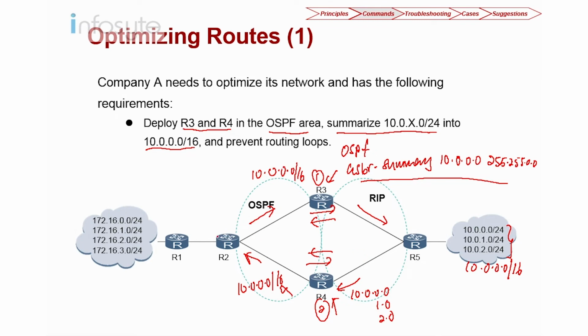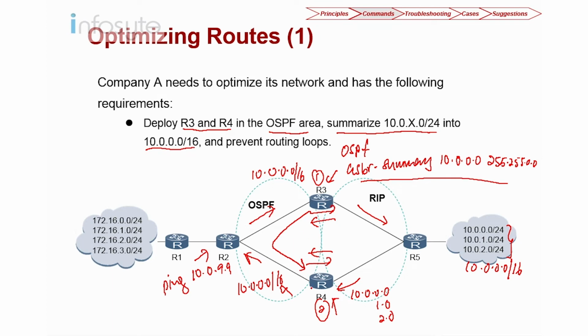On top of that, we will also have a loop. Assuming that R2 is now going to do a ping to something that is not available, let's say 10.0.9.9. Assuming that it goes to R3, because R3 has the summary route and this route is not inside the detail, it's going to say, oh, in fact R4 has the route to 10.0.0.0.